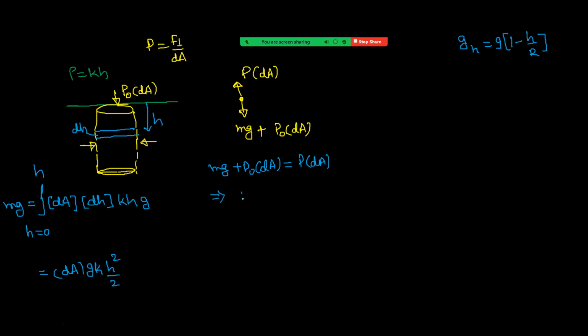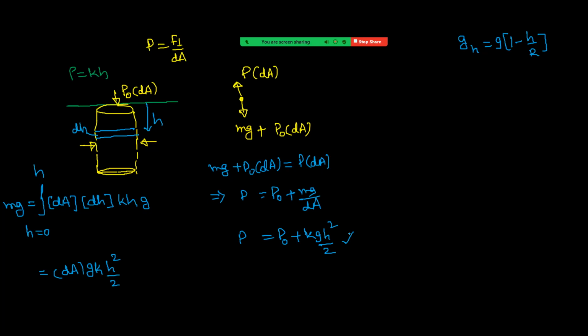From that, P equals P naught plus mg by dA. And the mg value we got here, divided by dA, gives k g h squared by 2. So P equals P naught plus k g h squared by 2. This is now pressure as a function of h.